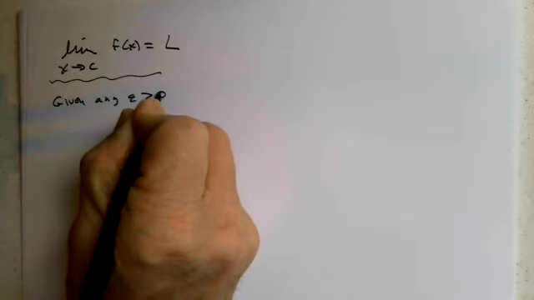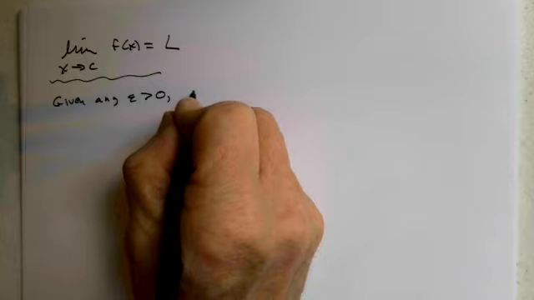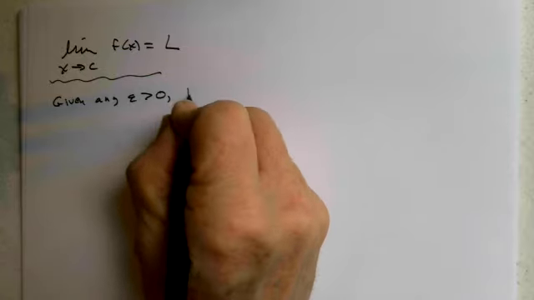Given any epsilon greater than 0, there exists a delta greater than 0. You can find it. It depends on epsilon.